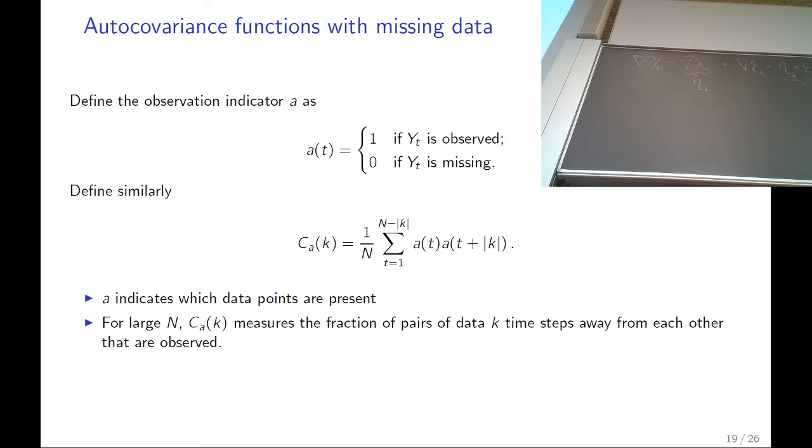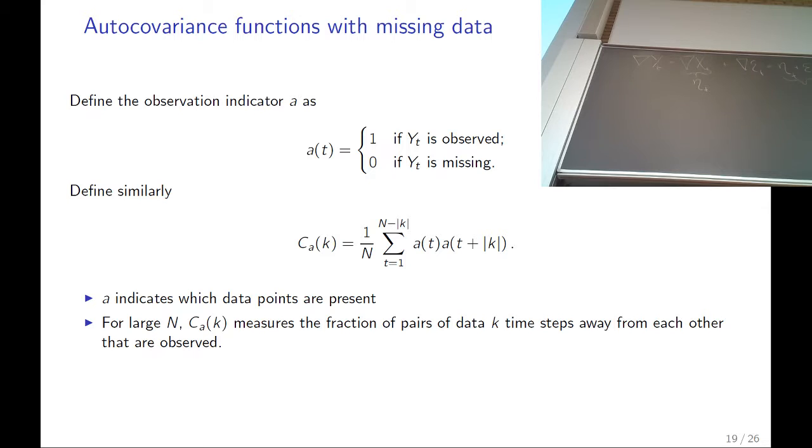Because if both are included, we get a 1 here. If either time t or t plus k is missing, then that will give you a 0. So basically what this is doing is just counting how many pairs there are, and you divide by n. So it indicates how large a fraction of the possible pairs in the autocorrelation function are actually available.